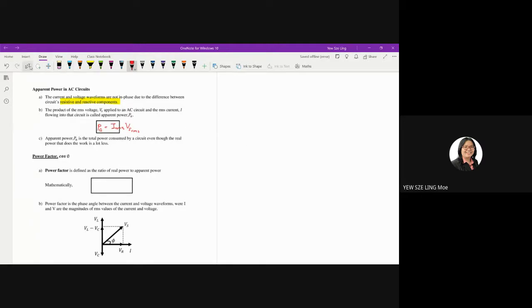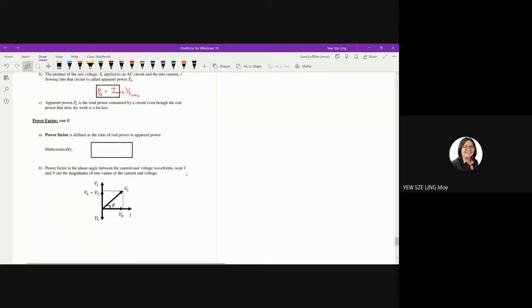Power factor is defined as the ratio of real power to apparent power. So you want to look at the ratio of the power that does work to the total power supplied. Now, what does it mean by ratio? Ratio means that this value is dimensionless. What does dimensionless mean?